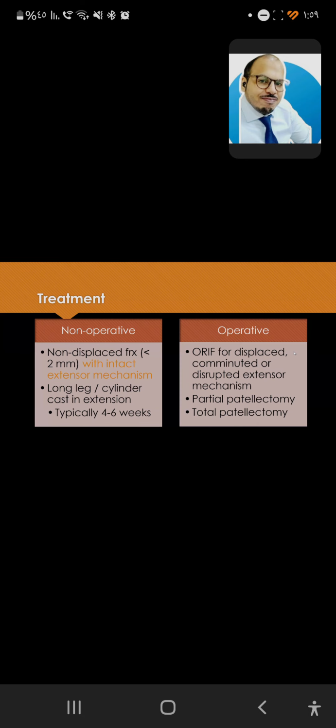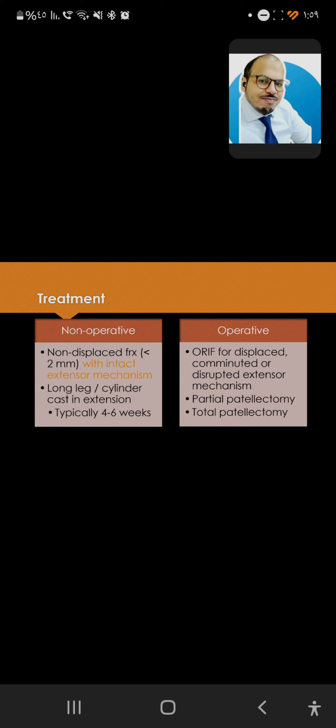But in terms of the treatment, if the fracture is non-displaced, then treatment is non-operative, but on condition that the extensor mechanism is intact. But any displaced fracture, any disrupted extensor mechanism, the treatment is surgical, which is open reduction and fixation. So how do we check the extensor mechanism?